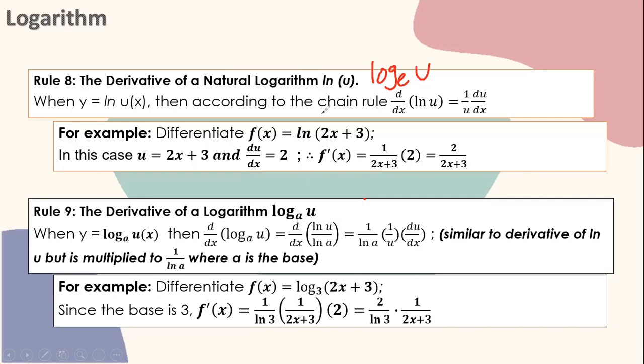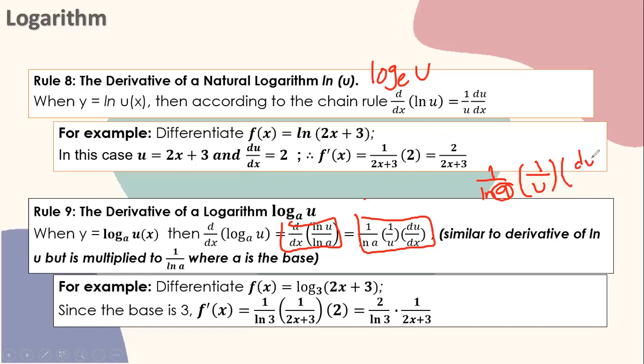So, okay. So let's have definition muna. So the derivative daw ng logarithm with a different value of base aside from e is equal to, okay, so ito po yon, 1 all over ln of a, okay, 1 over the natural logarithm nung base natin, multiply to, okay, 1 over u, parang natural logarithm lang pala, no?